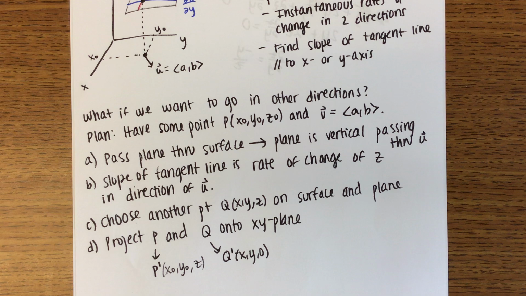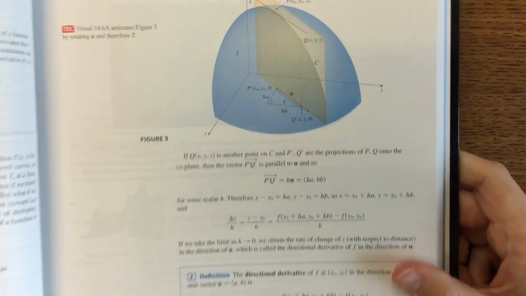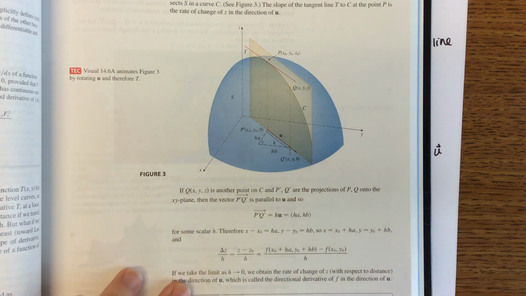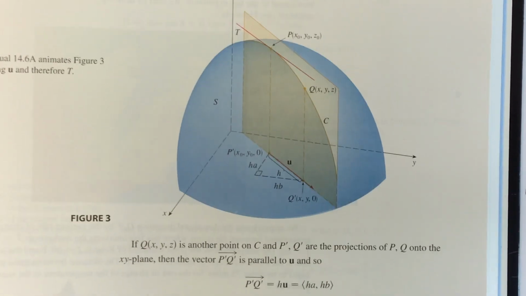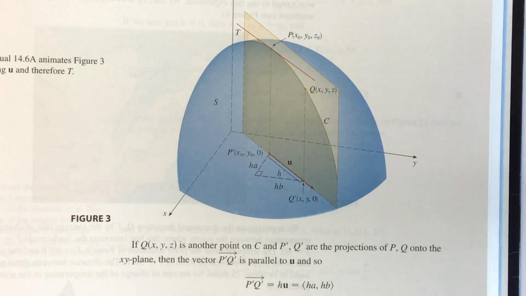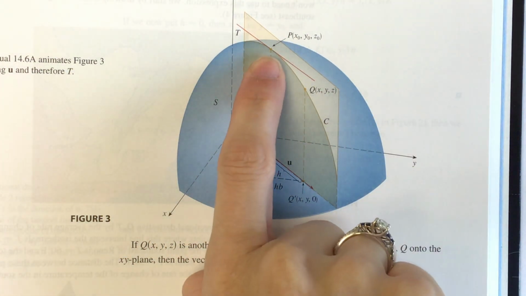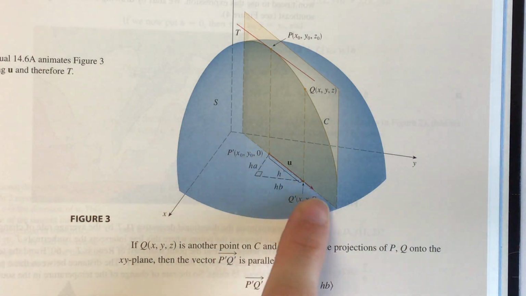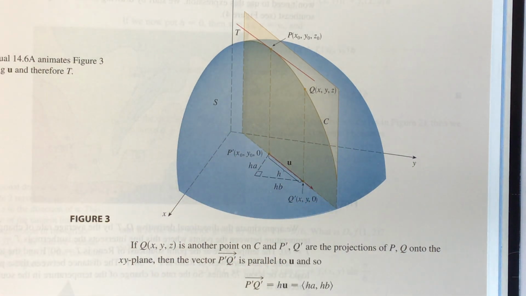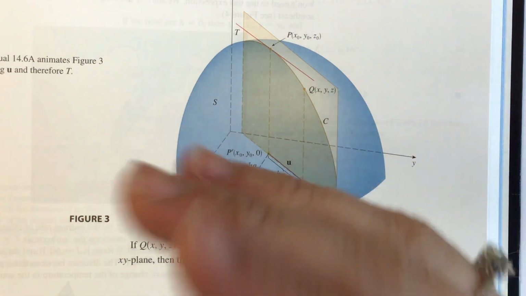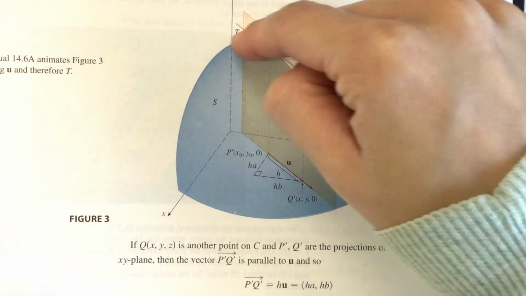Okay, we're almost there. I want to show you a picture, though, of what this looks like before we finish. Okay, so this blue is the surface. We have some point. We have some direction, u. So then we have this vertical plane that's going to be passing through u that we pass through the surface. And it gives us this line right here.